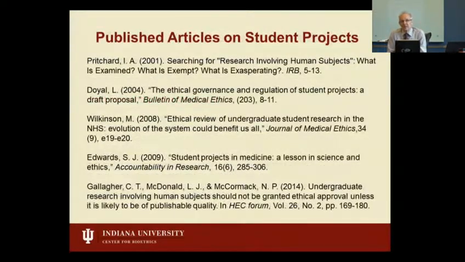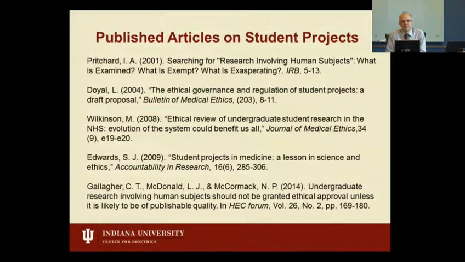So the last piece is a few published articles. And interestingly, there are some very different opinions in the literature right now about how to handle this. Everything from some very specific details, Pritchard's work on what actually is generalizable knowledge, and when you can say that this is data you're collecting just as feasibility, and it doesn't really need the human subject research categorization.